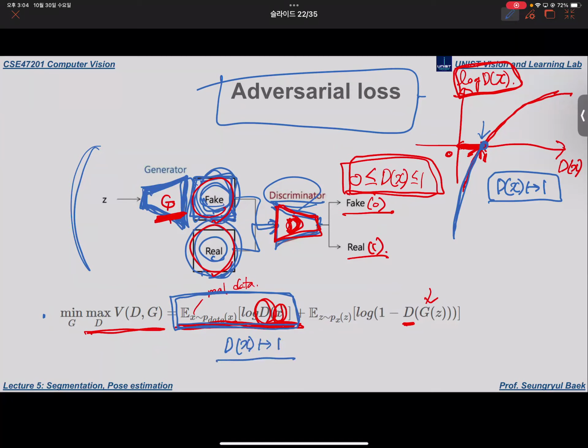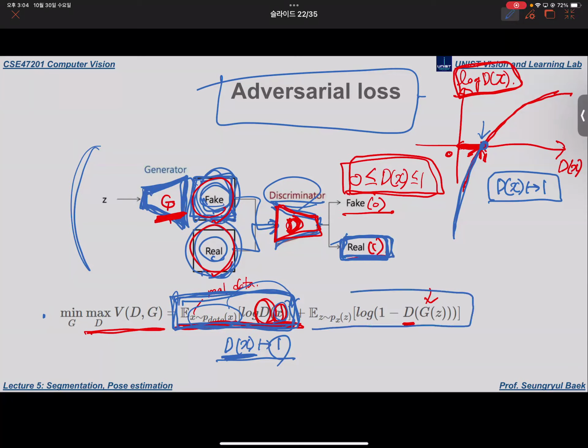It means when real data is inputted, D of X has to go to 1, so it should say the X data is real.